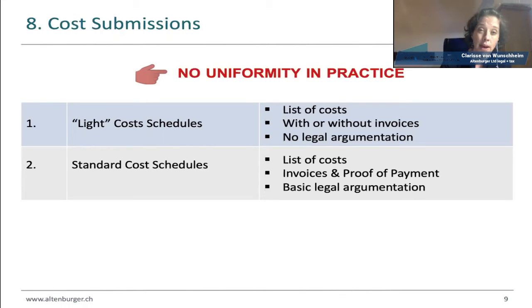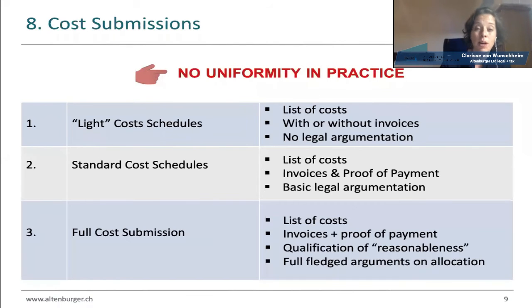The third way I've seen in practice is what I would call the full cost submission. And here, not only do you provide a list of costs, not only do you provide the invoices in support of this list of costs, not only do you provide proof of payment of the invoices you've submitted, but you also qualify and explain why you believe your costs are reasonable and maybe why the cost of the other party is not reasonable.